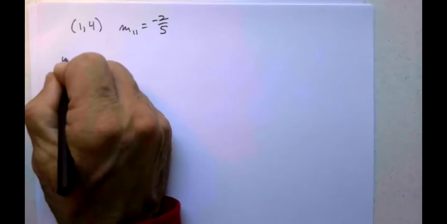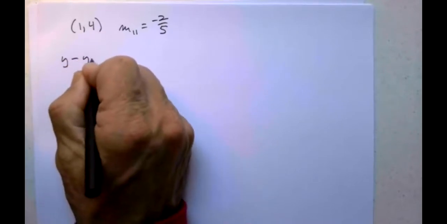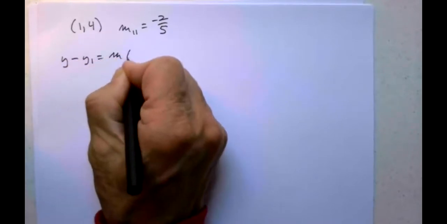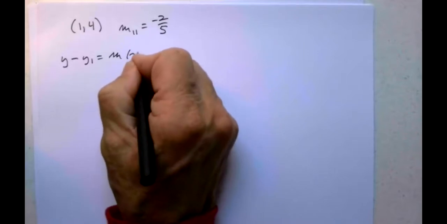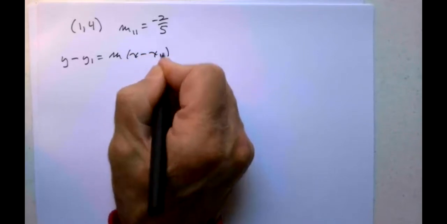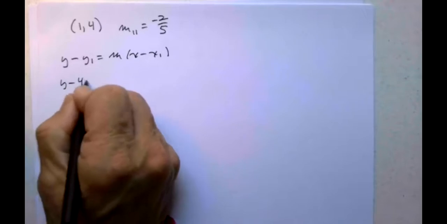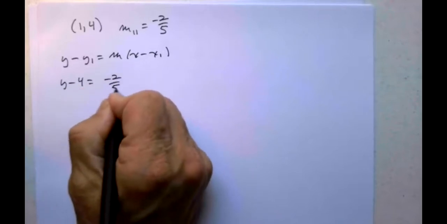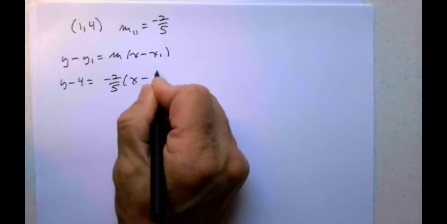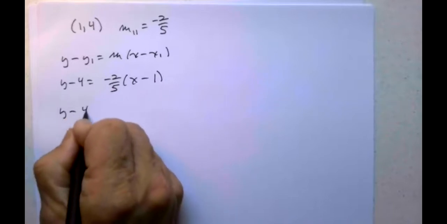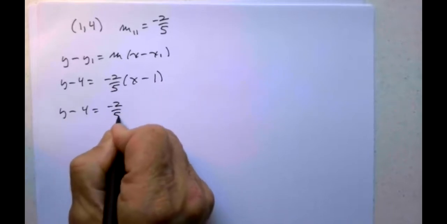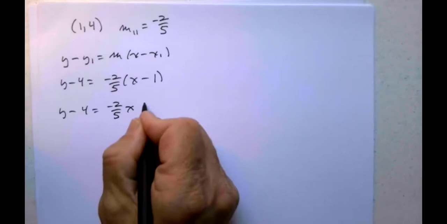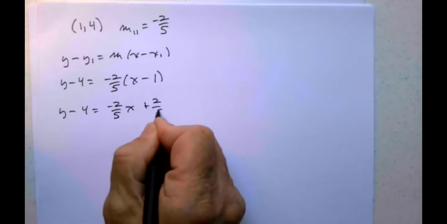Most students prefer point-slope form, so I'll do that one quickly. y minus y1 equals m times x minus x1, so y minus 4 equals negative 2/5 times x minus 1. y minus 4 is negative 2/5 x plus 2/5.